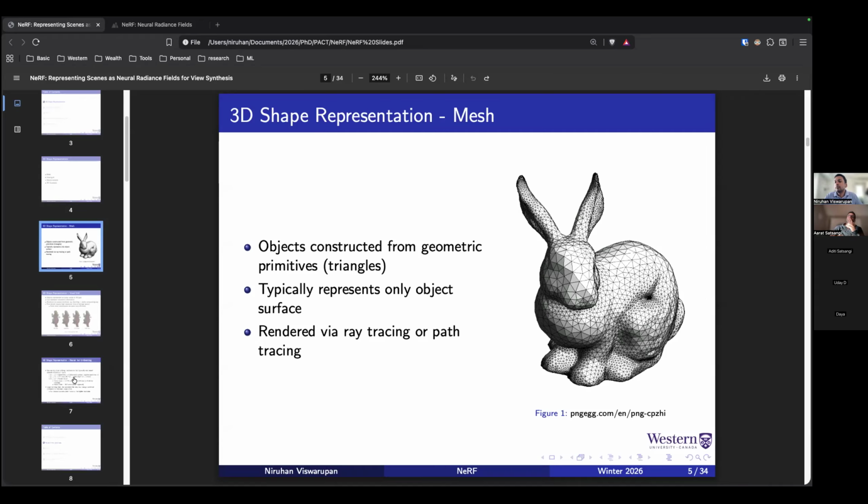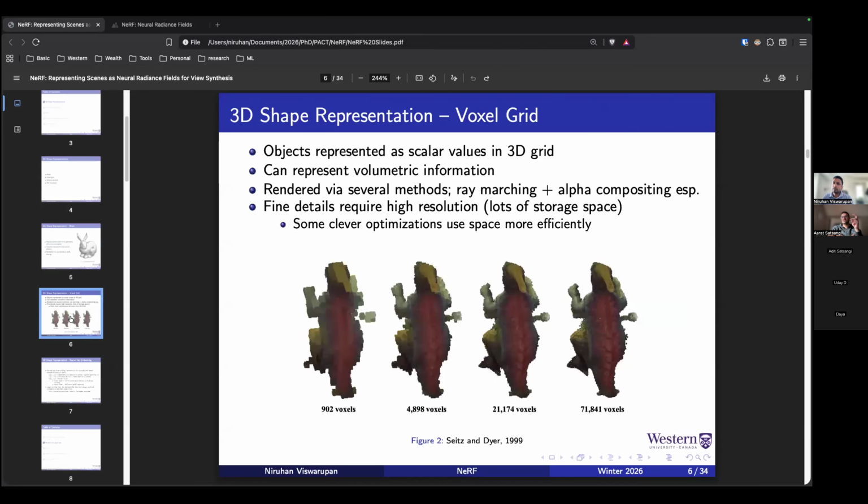Why? Wait. So cubic increase, wouldn't it be to the power 4? Because there is height, width, and then you have RGB. The third dimension is RGB, the color space, and the fourth dimension is depth. So wouldn't that be a power 4 increase? We are only talking about when we increase the spatial resolution.